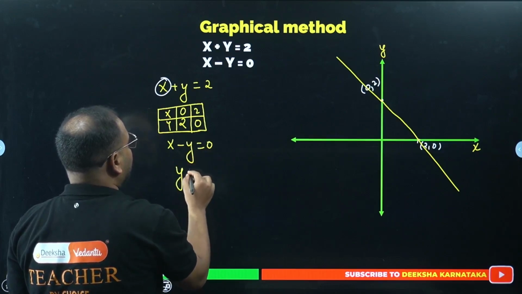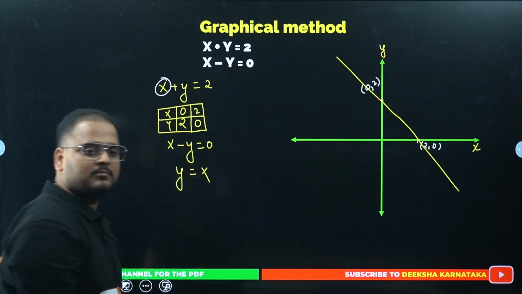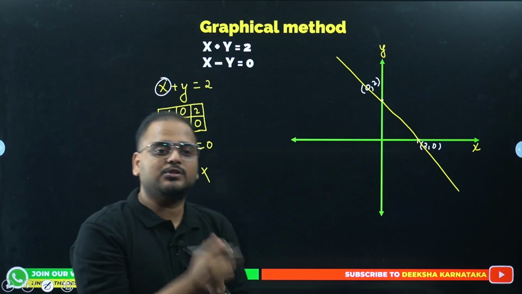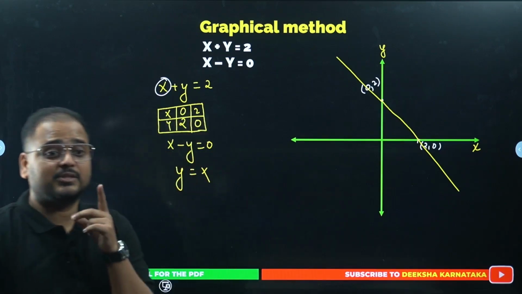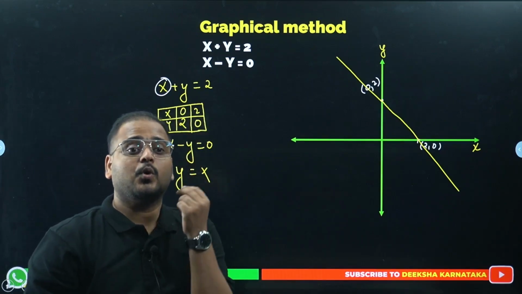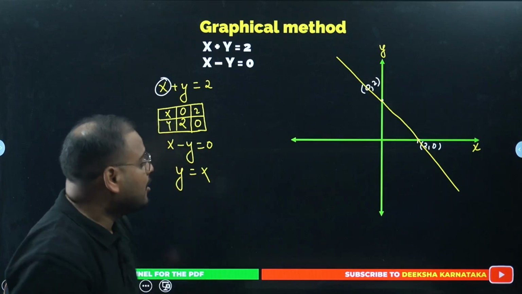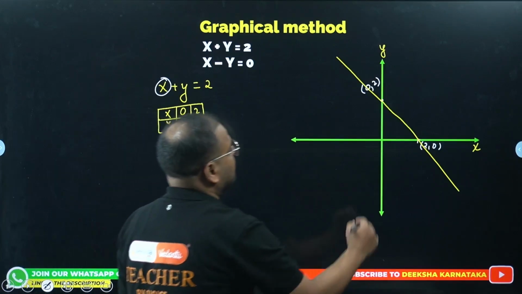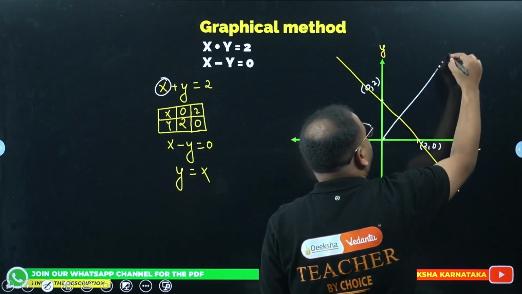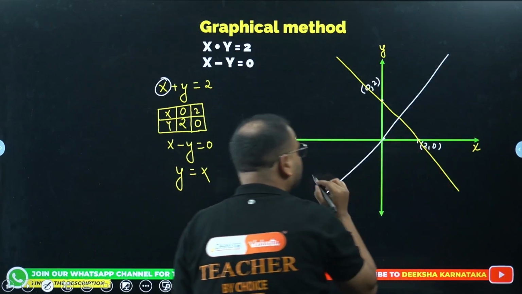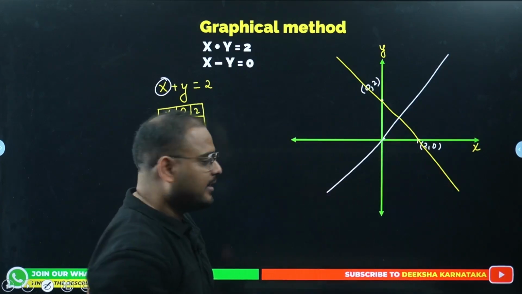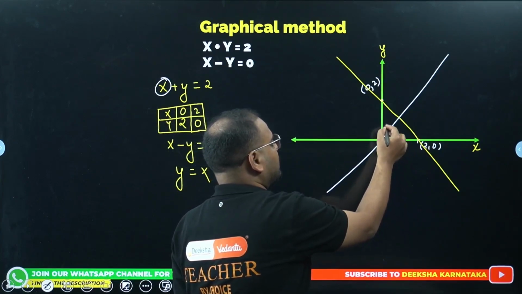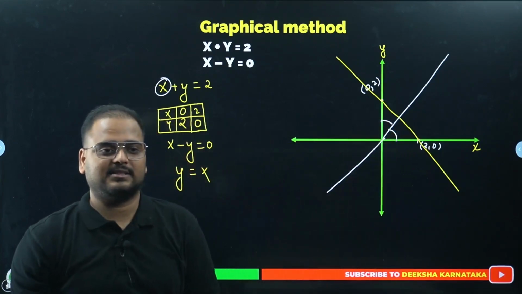Simplify it, y equal to x. It means if the x value is 0, y value is 0, x is 1, y is 1, x is 2, y is 2. Which graph is this? Very popular graph. The most popular graph. Goes through origin, equally inclined with both the axes, right?